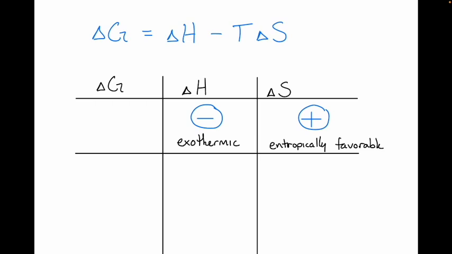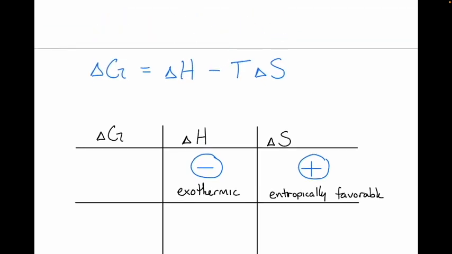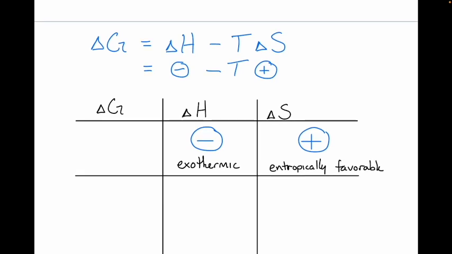So let's look at our equation here. If we were to plug in a negative value for delta H and a positive value for delta S, what would be the sign of delta G here? Well, remember, I'm going to multiply that positive value by negative T, so it's going to turn it negative. So my delta G value here would have to be negative.